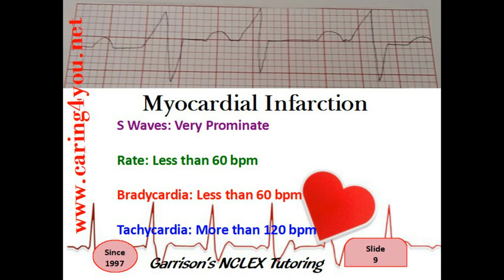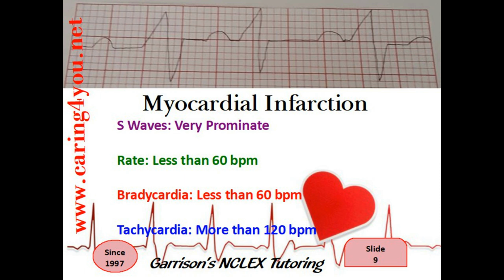If you look at the first beat and the third beat, the S wave is past that line. All you gotta remember is that the S wave is extremely prominent. That's all you gotta remember. And there you go. That's your myocardial infarction. We're done. S wave is very prominent.